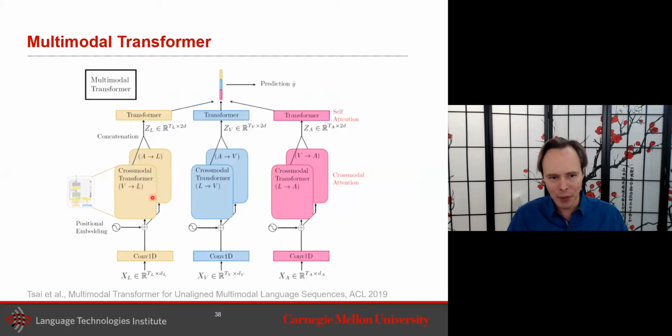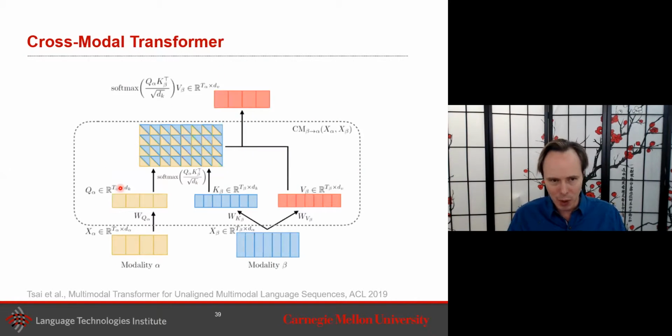Here they go a step further, which is a cross-modal transformer. And that's not going to be a self-attention. What they do in this cross-modal attention transformer is that one modality will be the query. That's what I want to encode, language. But the only thing I can use for it is going to be that other modality.